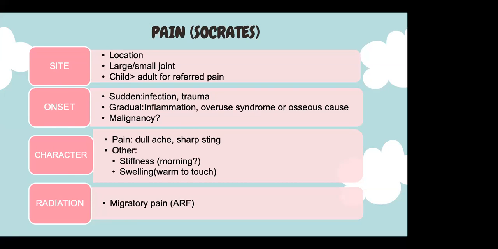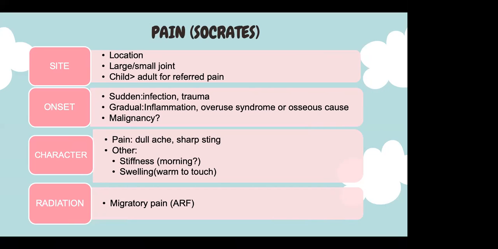If it is sharp, stinging, you might think about cutaneous involvement like trauma or skin lesion. If it is coming with stiffness, then you need to know when the stiffness occurs. Is it early in the morning, such as in rheumatoid arthritis? And then if there is swelling, is it warm to touch? That might indicate inflammation.